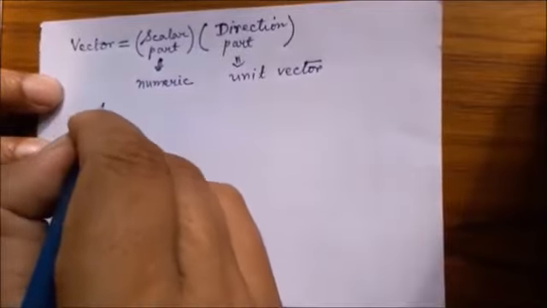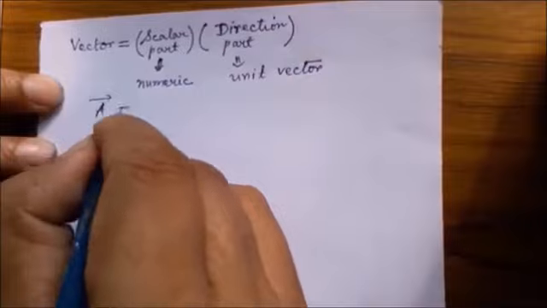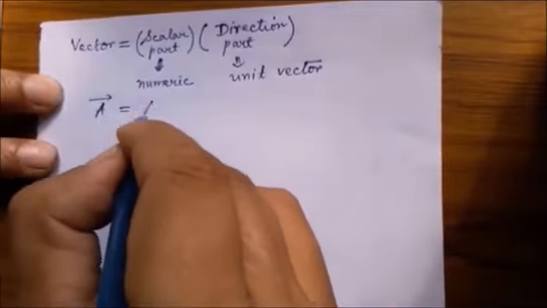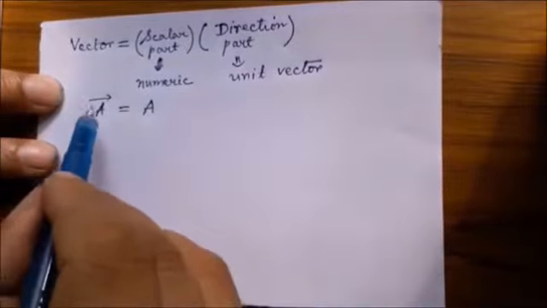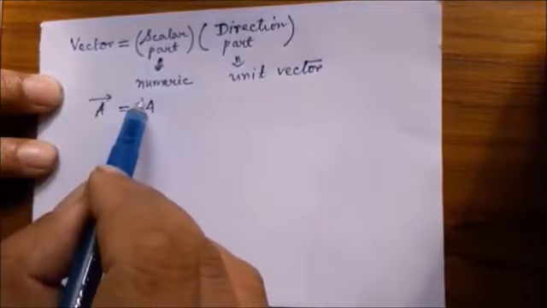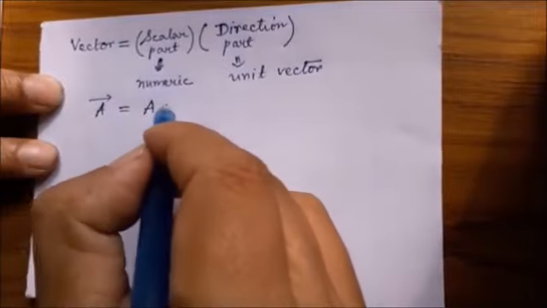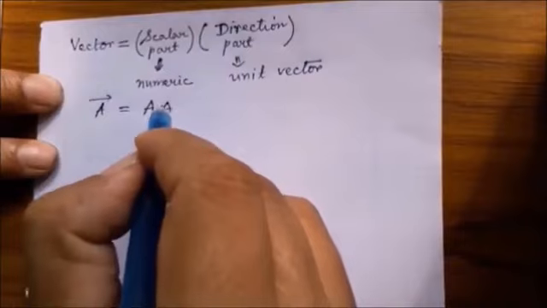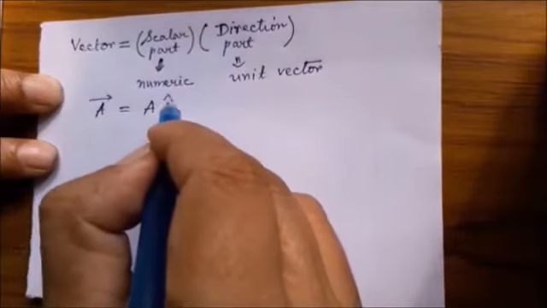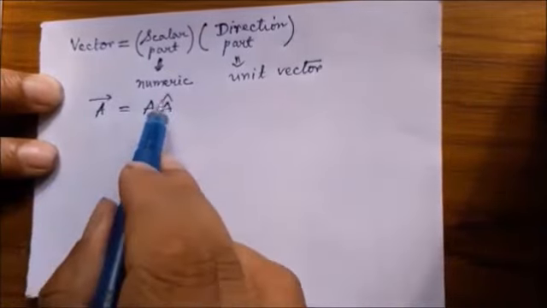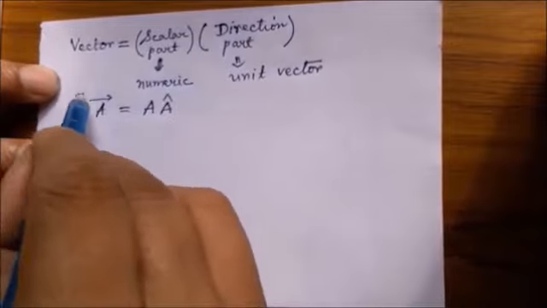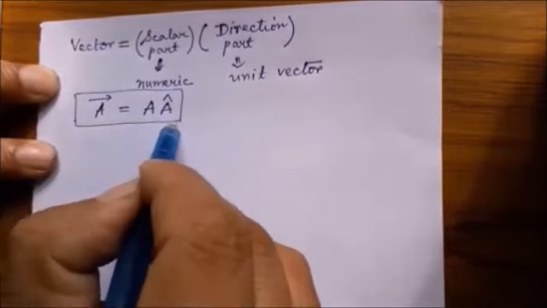So let us consider a vector A. The scalar part, let us write it to be A, that is without this arrow sign overhead, and the direction part is denoted by writing A, and over it we have to put a cap sign or hat sign. So this is how we express a vector.